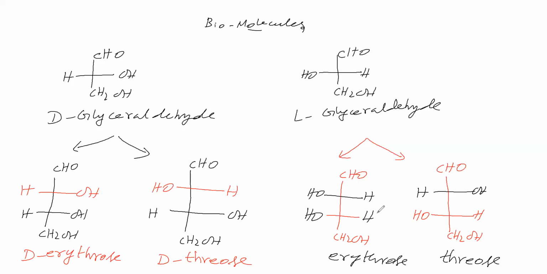Now this we said erythrose, this we said threose. For this CH2OH group is there next to this chiral carbon. In the chiral carbon, the OH group is on the left side, therefore L configuration. Here CH2OH next to this chiral carbon has the OH group on the left side, therefore it is L. So it is called L-triose.